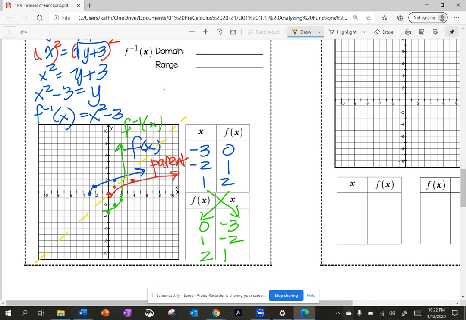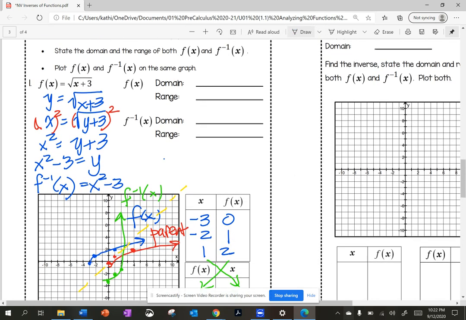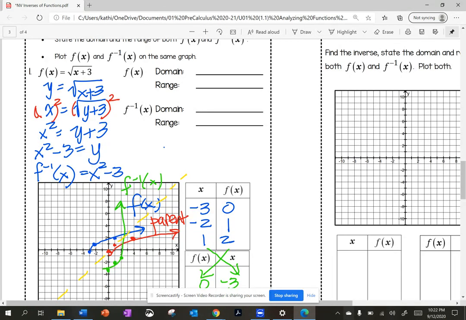All right, now I want to state the domain and the range. Okay, so let's look at what's the domain of my original function. So domain is left to right. So looking at my original function from left to right, I start at x equals -3 and I continue to infinity.